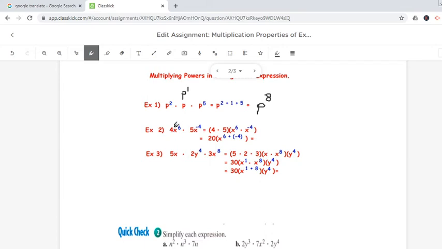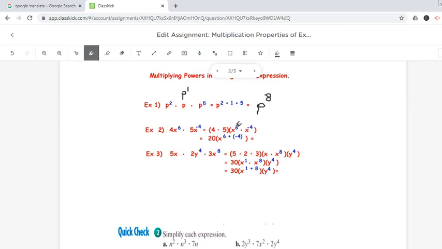So this is 4x to the 6th times 5x to the negative 4th. So we have the same base right here, x. And so we'll group these numbers beside the x's together, and then the x to the 6th, x to the negative 4th, put them together. So 4 times 5 equals 20.